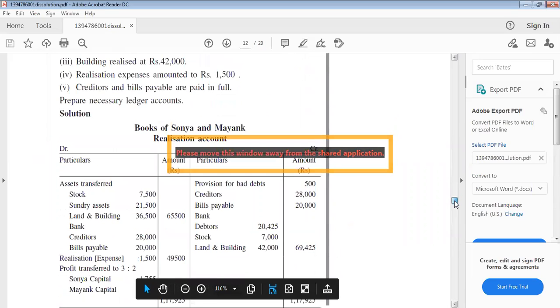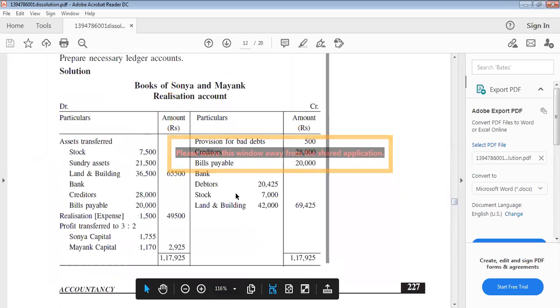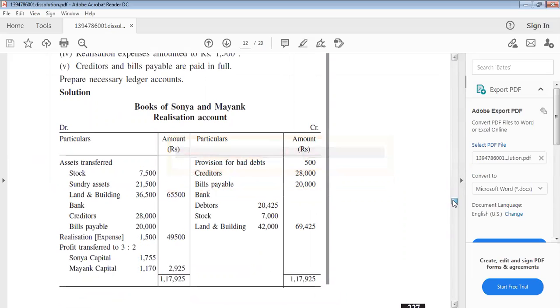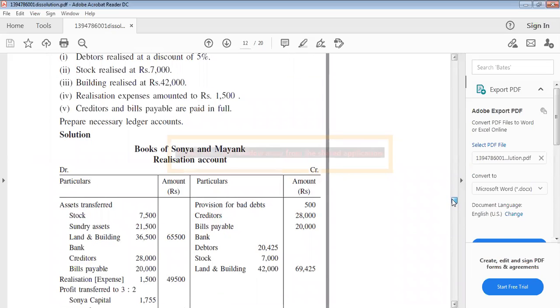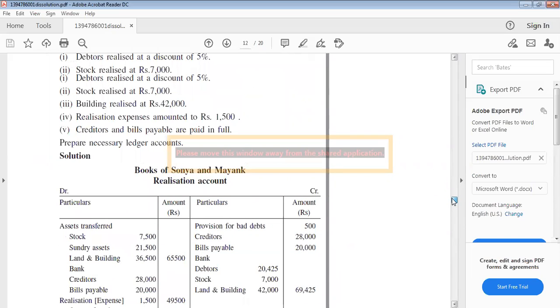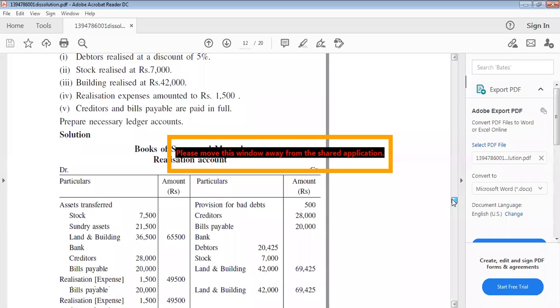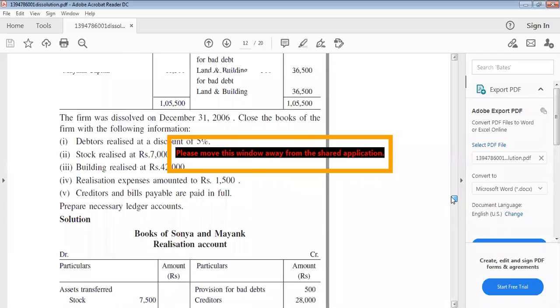So you'd put 28,000 and the 20,000 right there under bank, because in the realization account you must debit realization and credit bank in this case, right?